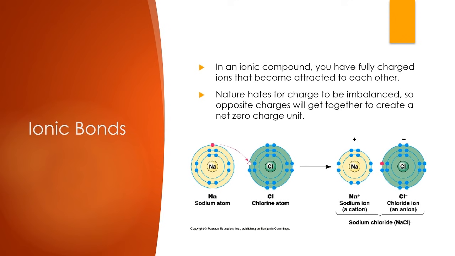So you have positives and negatives stacking in this repeating pattern. The reason is it gives you a net zero charge for the unit. So you can look at that crystal of table salt and go, well, there's no charge. Everything inside it, all those ions, are charged, but because they partner up and create these ionic bonds, you have a net unit that is not charged.